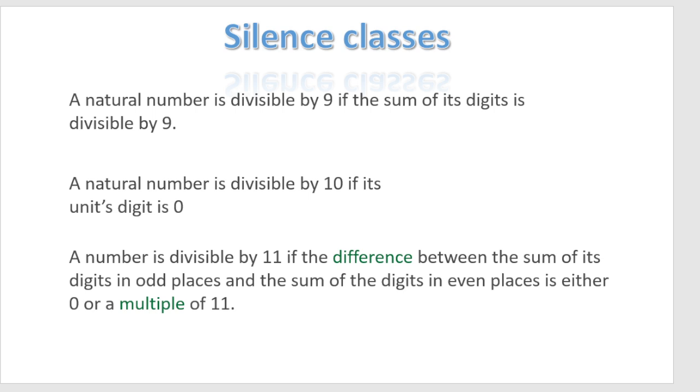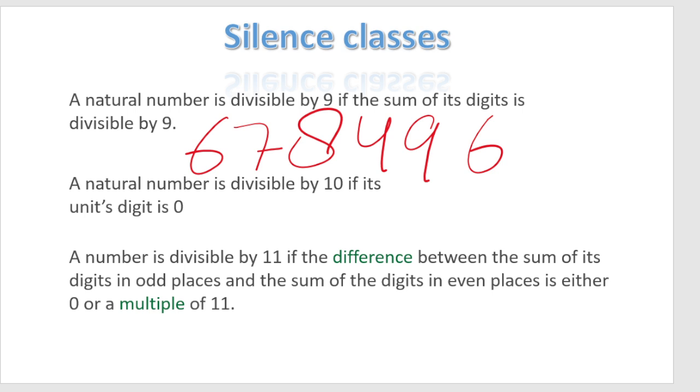If there is a number written like 678496, then we have to find the sum of the digits in odd places and the sum of the digits in even places, where 1 is an odd place, 2 is even, 3 is odd, then even, odd, even.